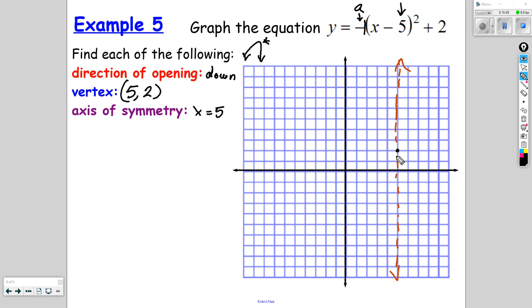Now another thing that we could do to get these other points that are on our graph is that we could use some of the patterns that we've learned before. All right, I'm still going to draw this table, and I'm going to write the point 5, 2 right in the middle, and then just write down some other values that we could use.